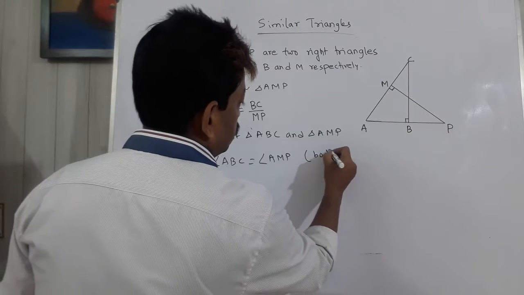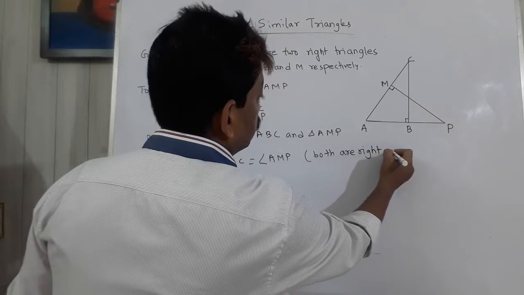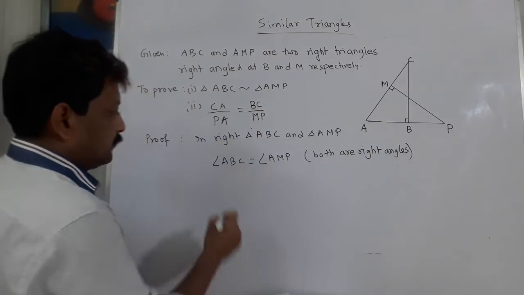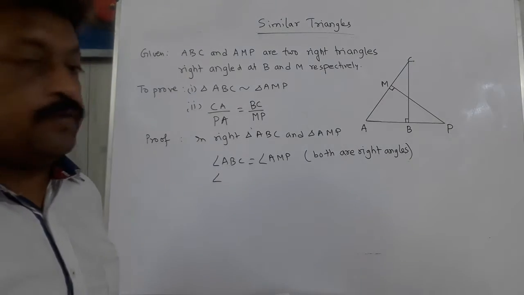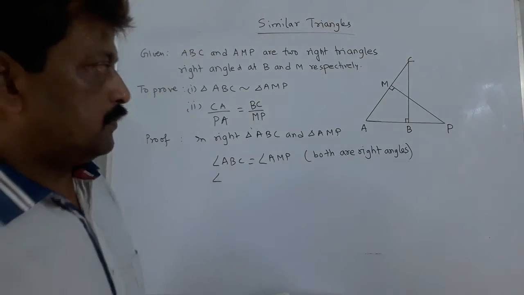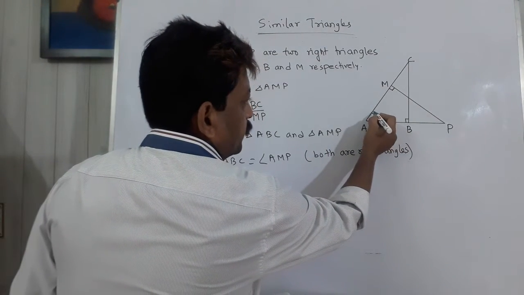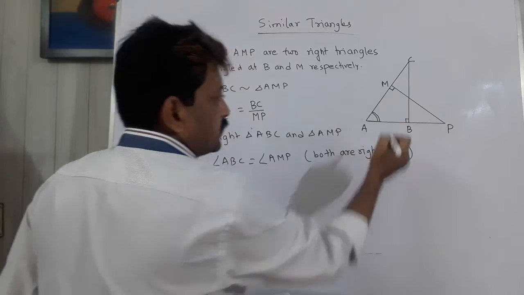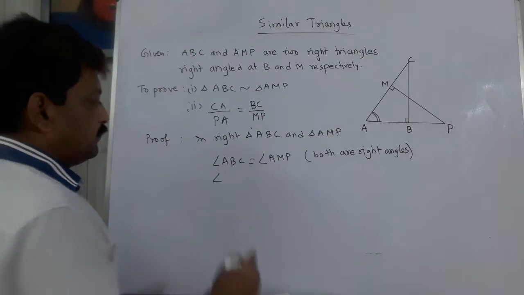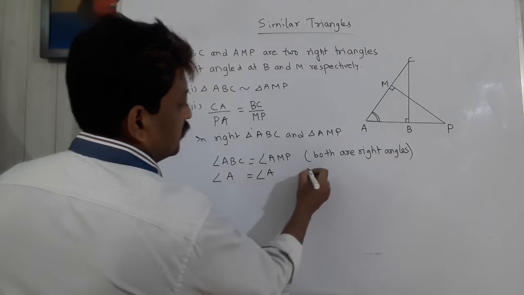Both are right angles, that is 90 degrees. And the second, just see from the figure, what is the second equal angle? I think you have guessed it right. Angle A is a common angle to both the triangles. Therefore, angle A is equal to angle A, common angle.